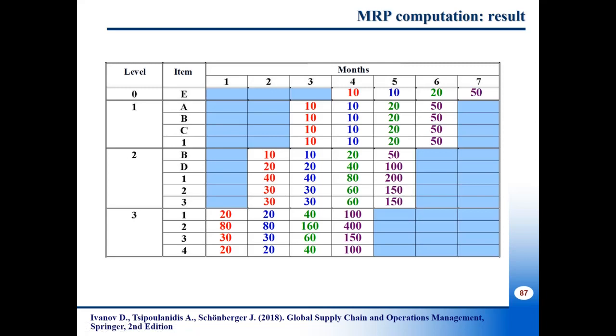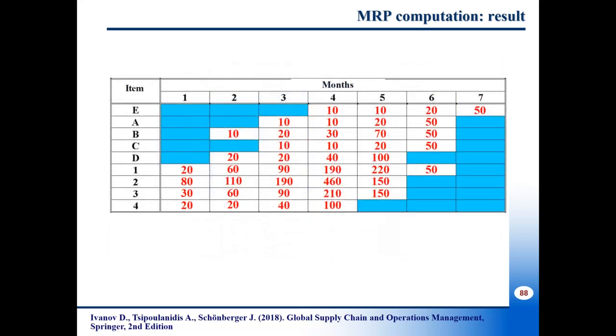By processing the bill of materials by level, items with multiple parents are typically only processed once, saving time and resources and reducing confusion. We transform the current table as the next table. The above transformation is based on aggregating the net requirements of the same items over different levels in each period.